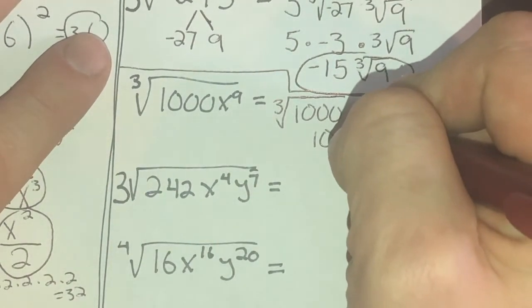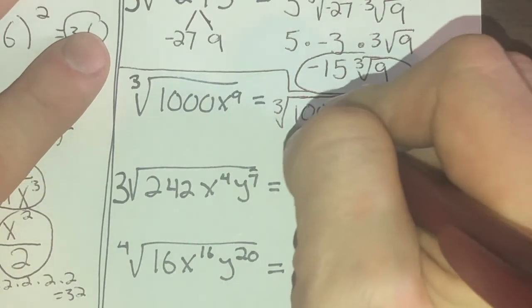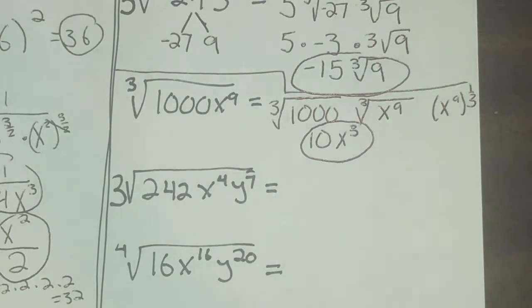So it becomes 10 times x cubed. Let's think about it. 10 times 10 times 10 is 1,000. X cubed times x cubed times x cubed is x to the 9th, because remember, when you multiply x cubed times x cubed times x cubed, you're adding the exponents because the things are being multiplied.